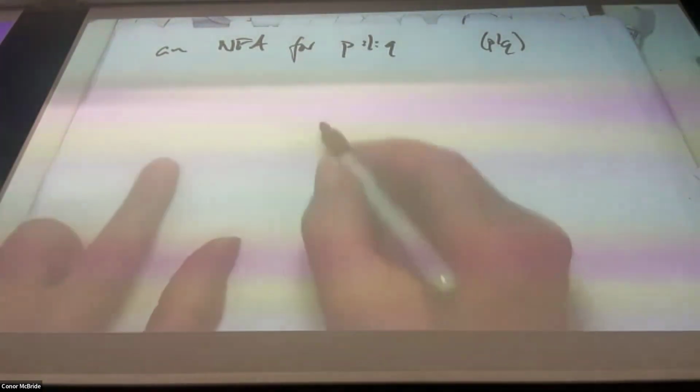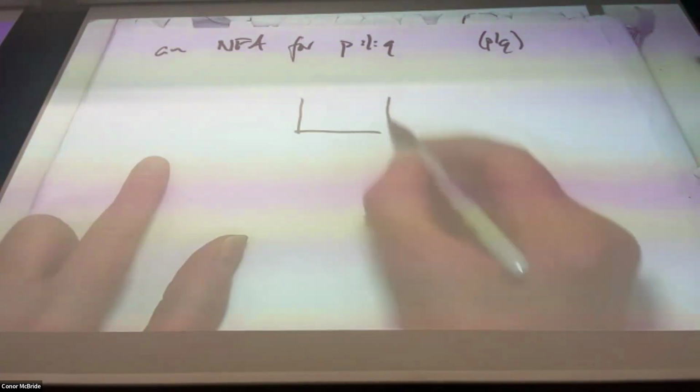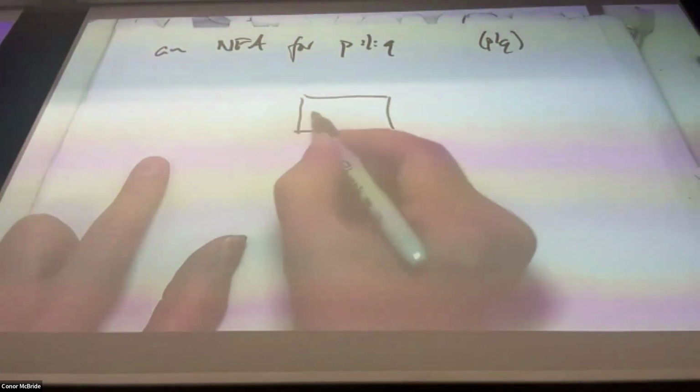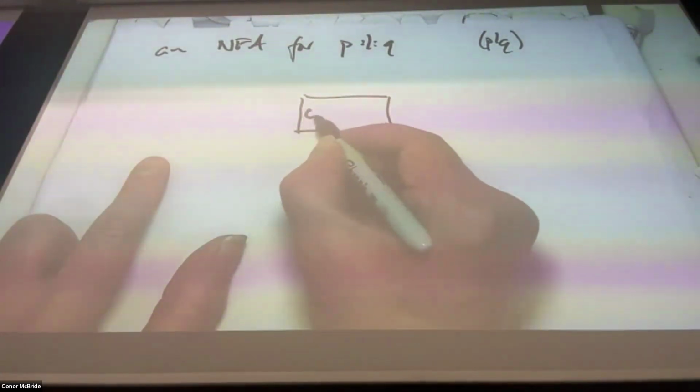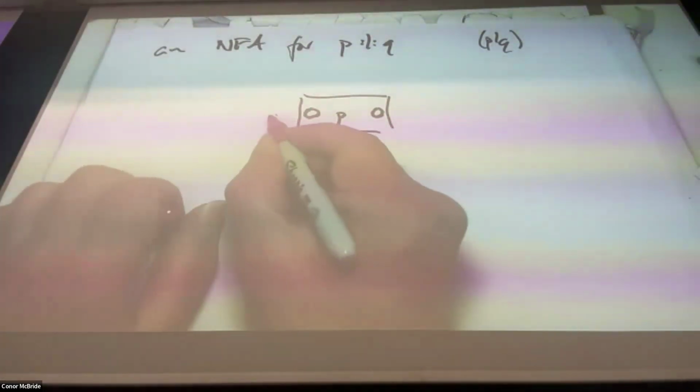Okay, so I will give Fred some automaton which has a start state.